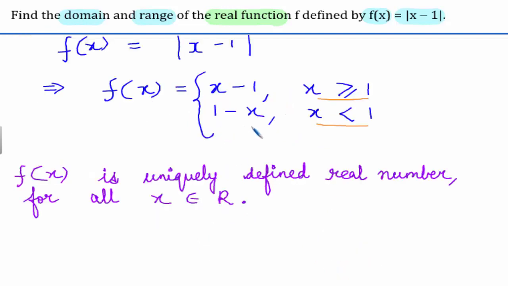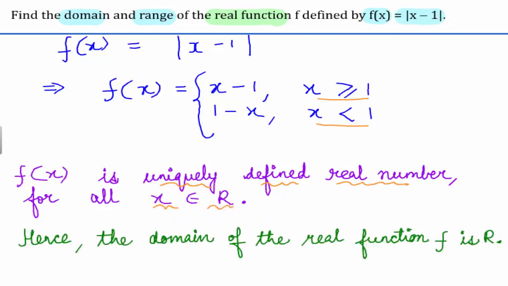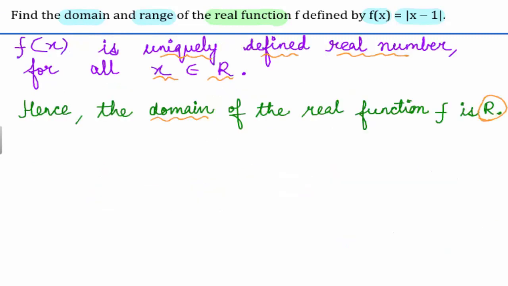So we can say that f of x is uniquely defined real number for all x belongs to R, that is the set of real numbers. Hence, we can say that the domain of the real function f is R, that is the set of real numbers. Now we have to find the range of f.